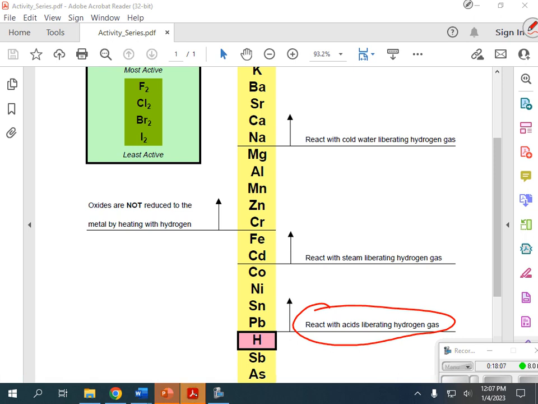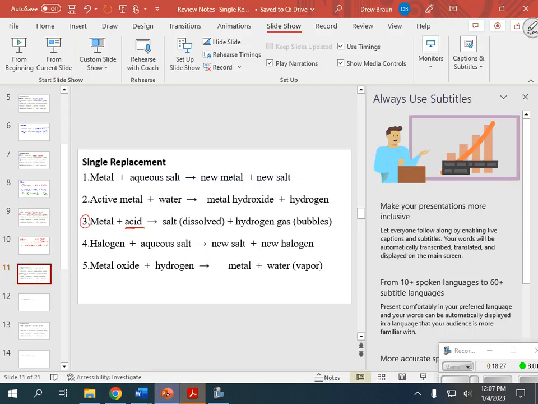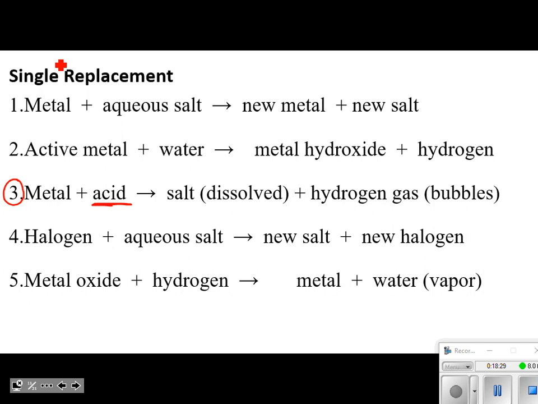What was my metal that was trying to replace? Zinc. Oh, is zinc above that line? Yes, it is. So zinc will replace. So my metal and my acid is going to give me a salt.